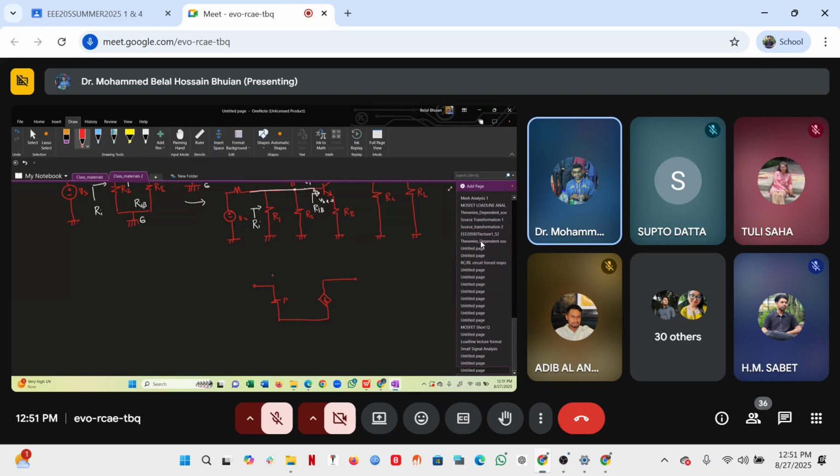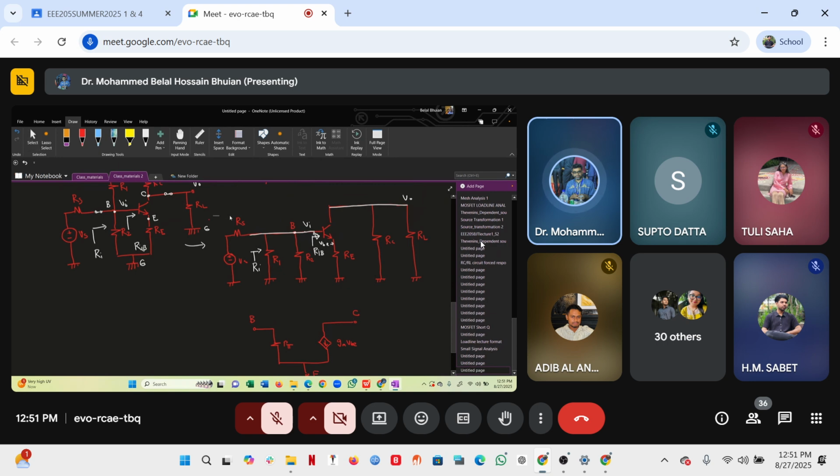That is our R pi that we have determined. That is our GM VBE. Then our emitter terminal, base terminal, collector terminal, and the rest of the circuit should be connected as they are.